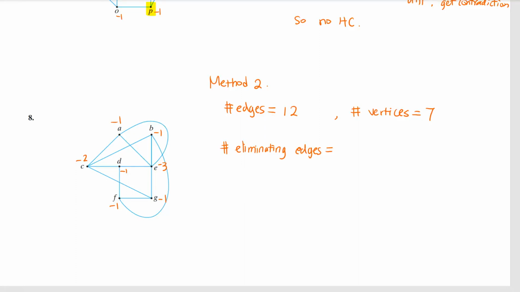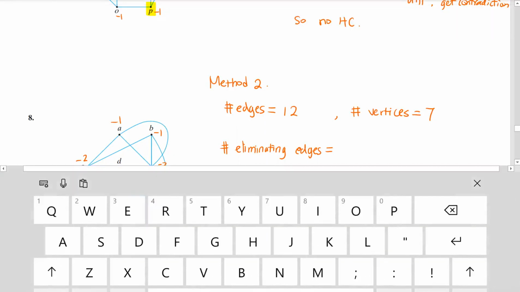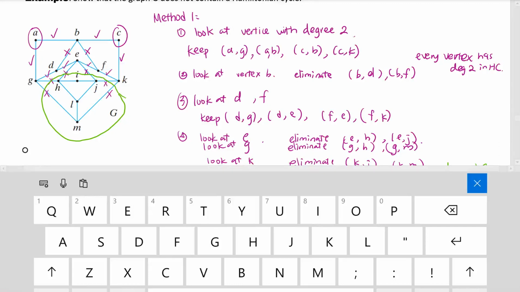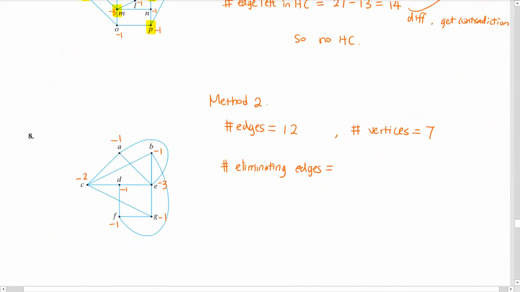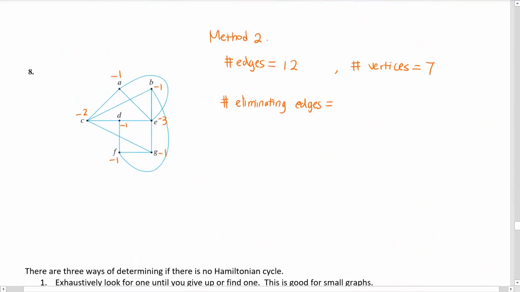Okay, now after we put all the labels, let's highlight the vertices that we want to count. So which one is the biggest? We have E is the biggest.